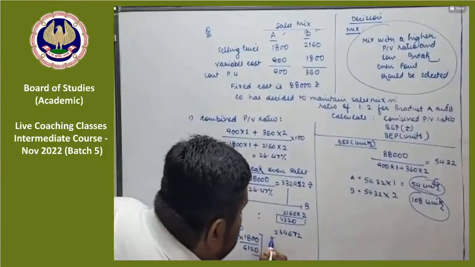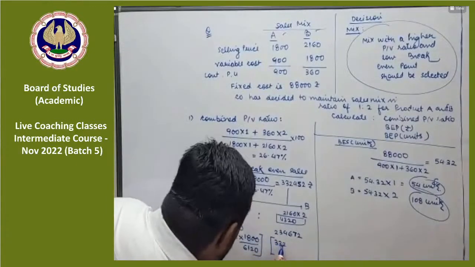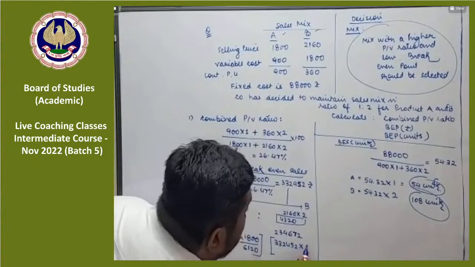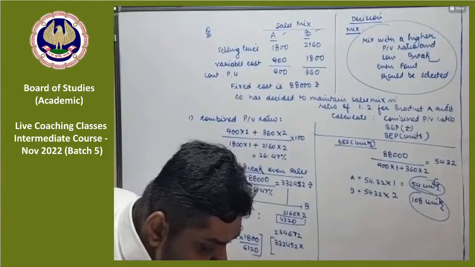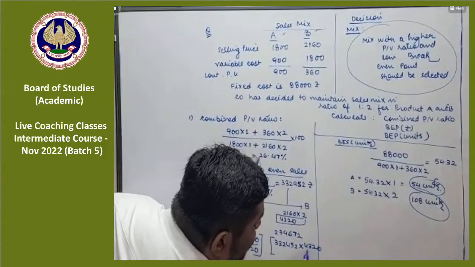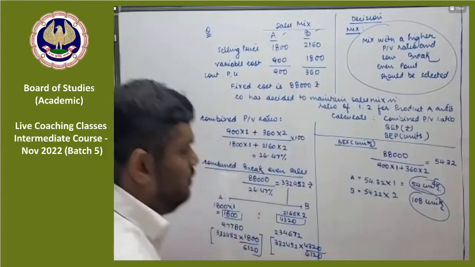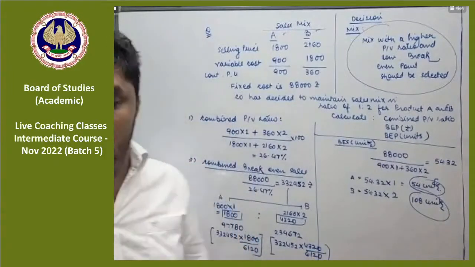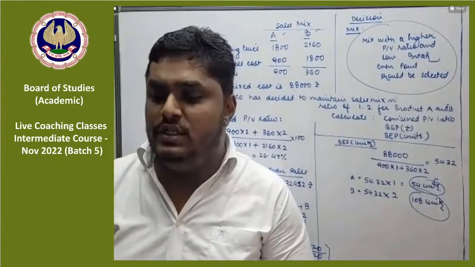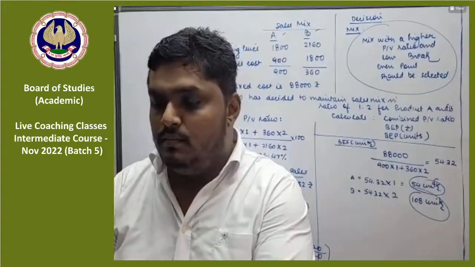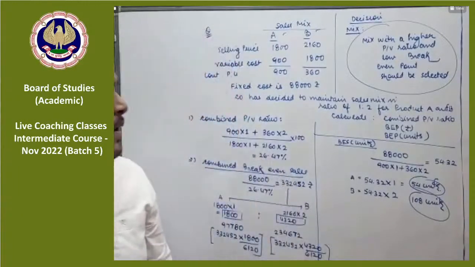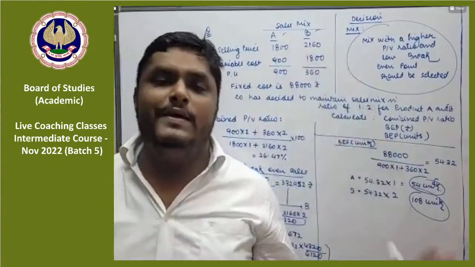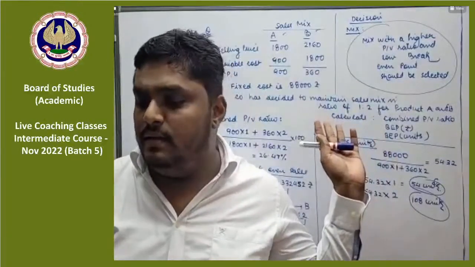And similarly here also 332,452 into 4320 divided by 6120. It's just distributing in the ratio, Siddhapa. So I request you to please copy this part, guys.